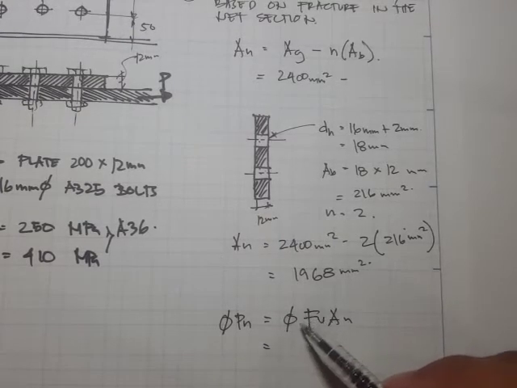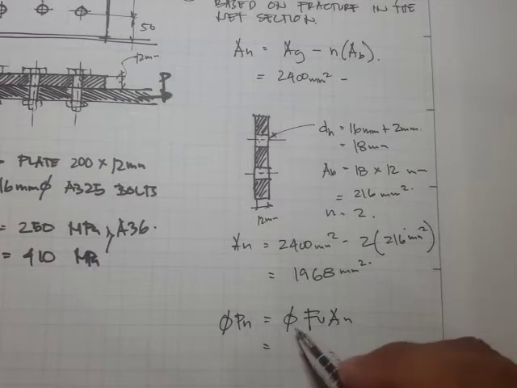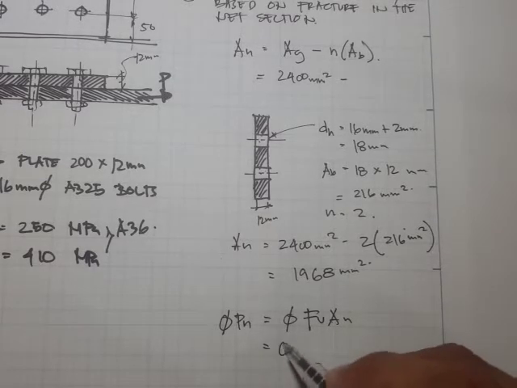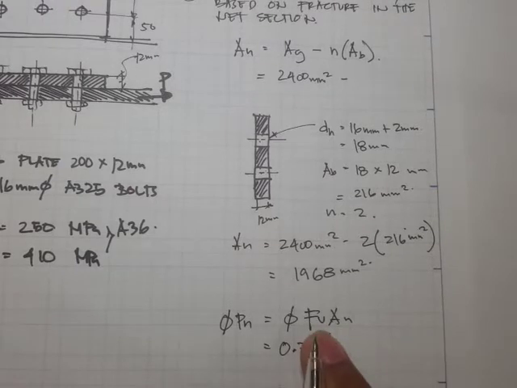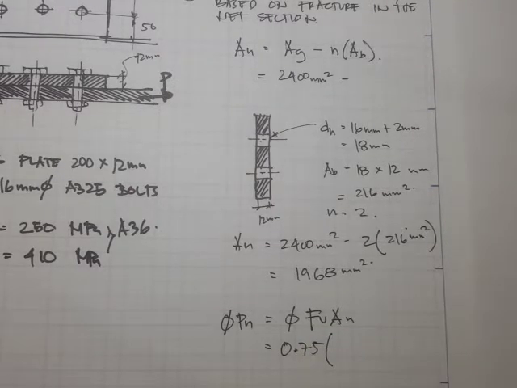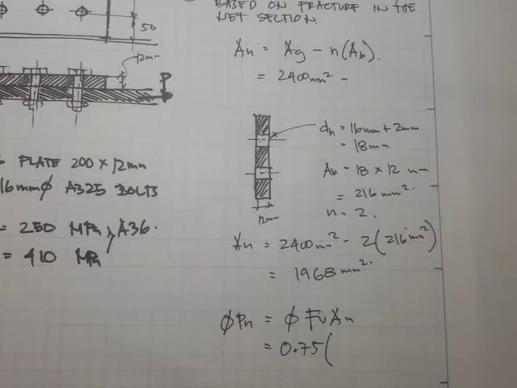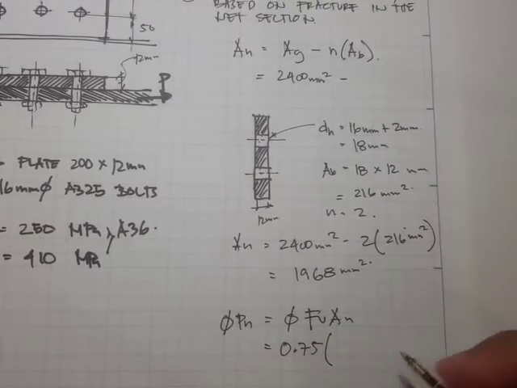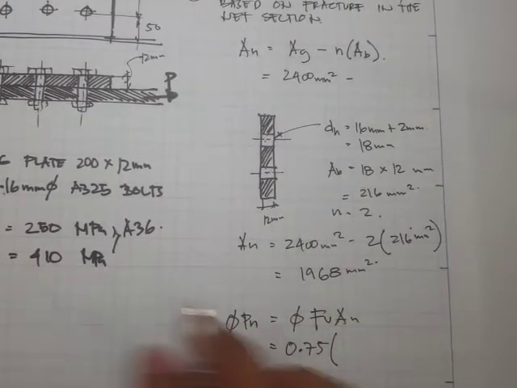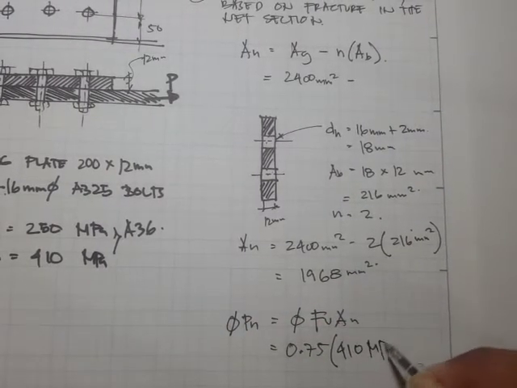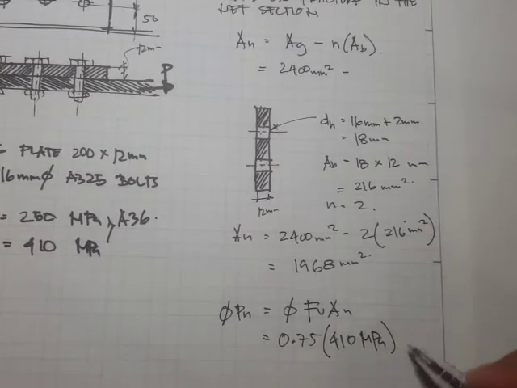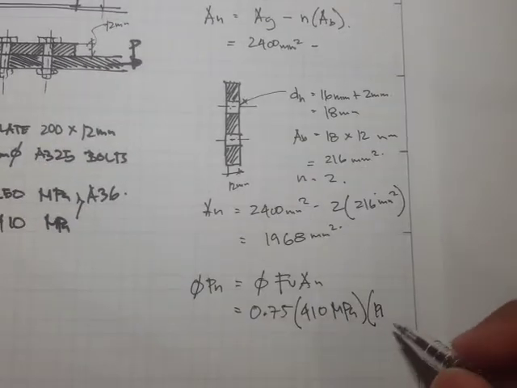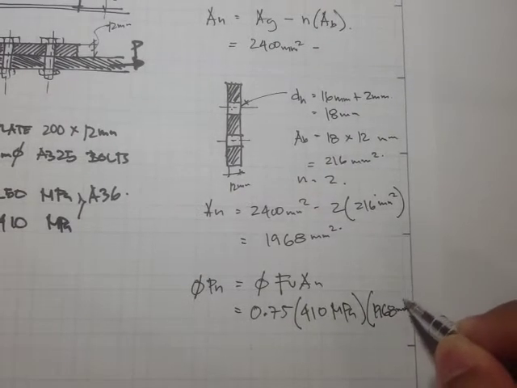For this fracture in the net section, the reduction factor is 0.75 times the ultimate strength Fu, which is 410 megapascals, times the net area of 1968 mm squared.